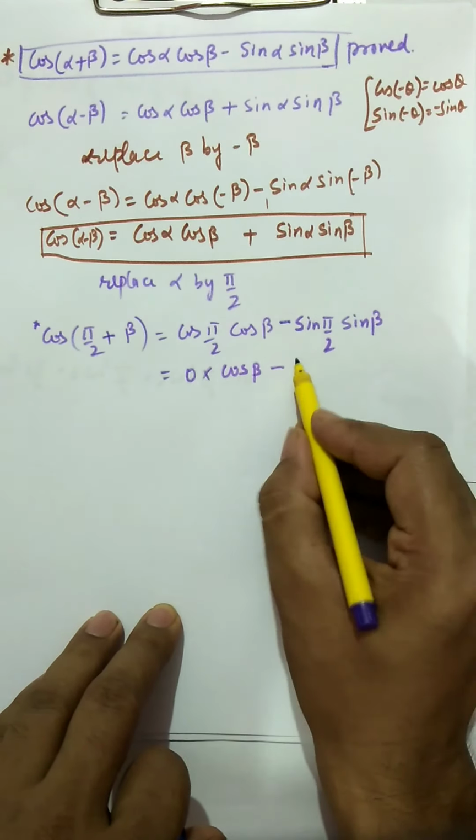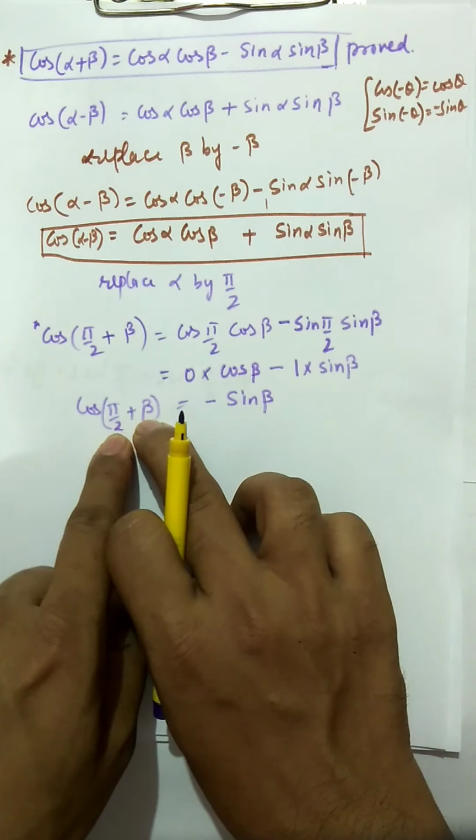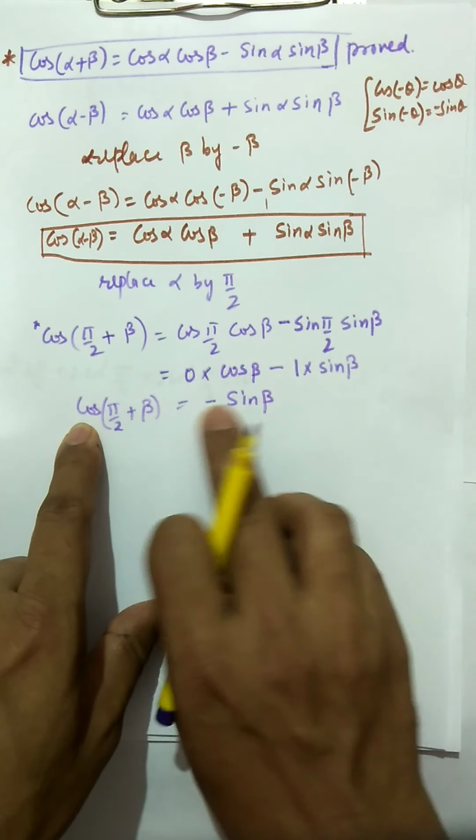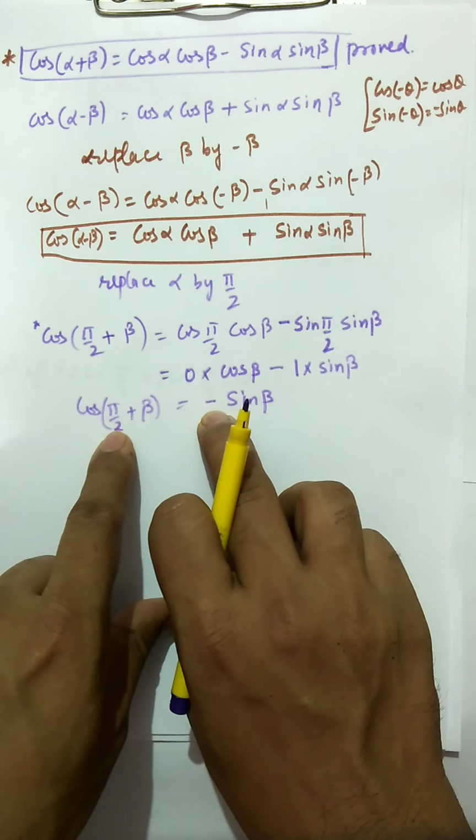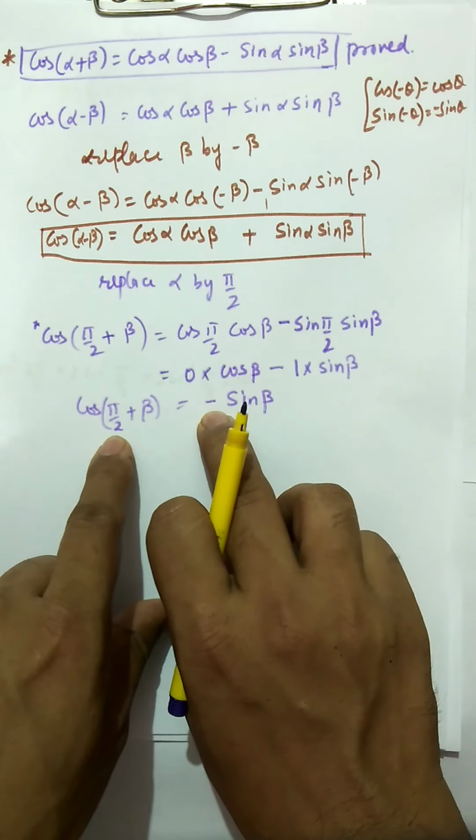So this is 0 into this, and now what is left is sin beta. You have done this earlier also, and now you have proved again that cos pi by 2 plus beta, because this is in the second quadrant, cos will be negative, and because this is pi by 2 base, cos will change into sin. So this we have proved.